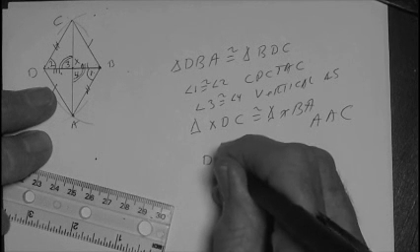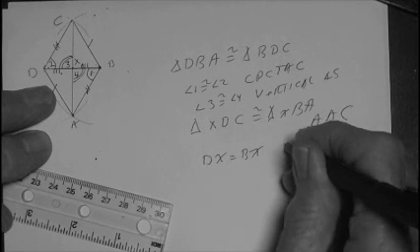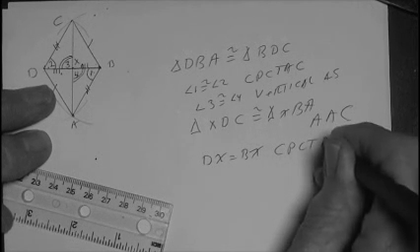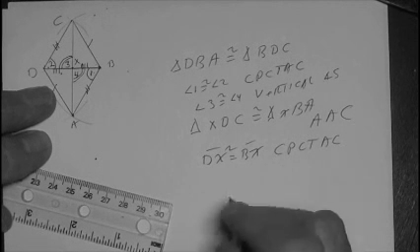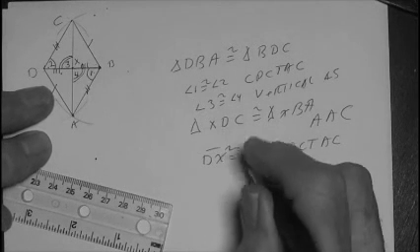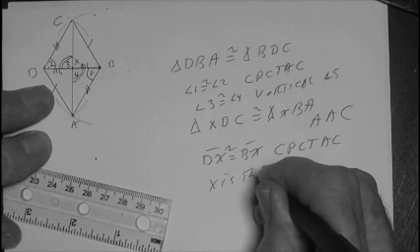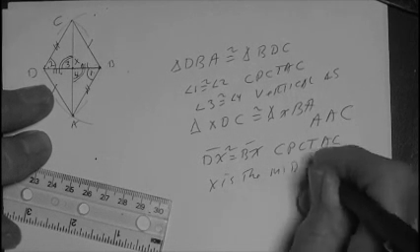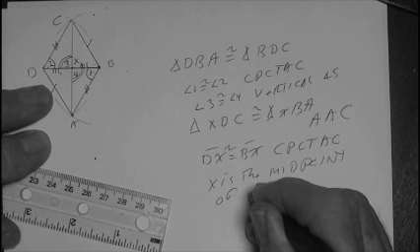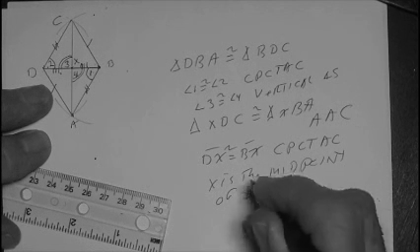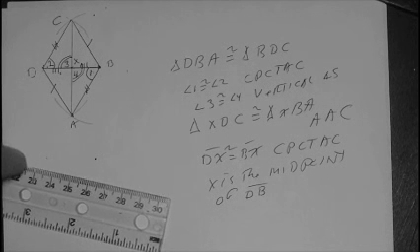So DX must equal BX. So their distances are equal, and that means that X is the midpoint of line segment DB. That meets the definition. It's where the distances are the same in both directions.